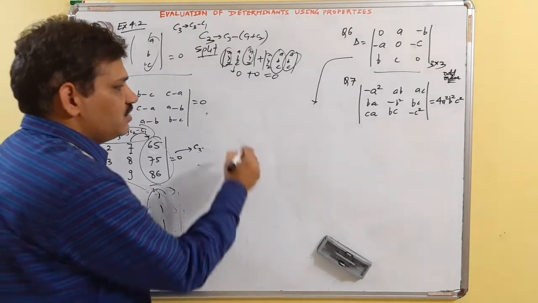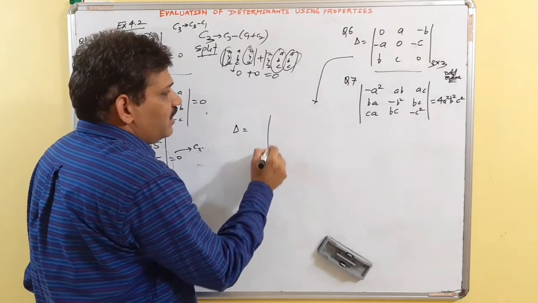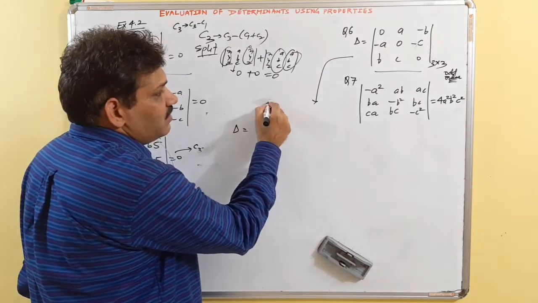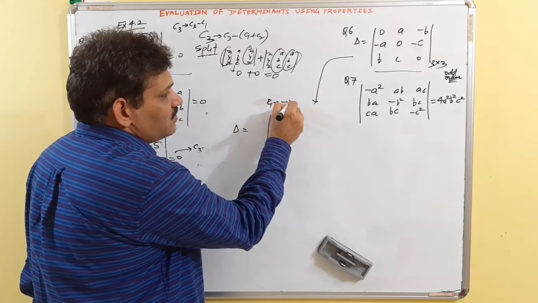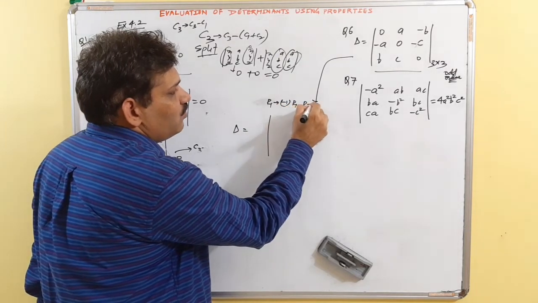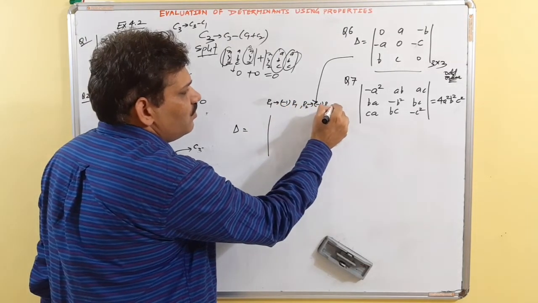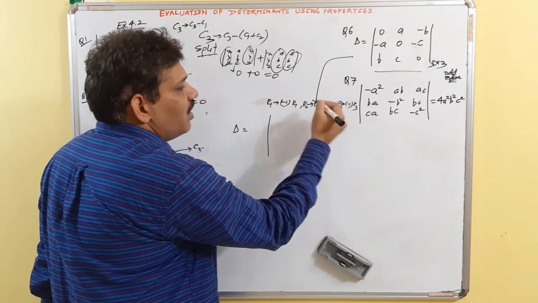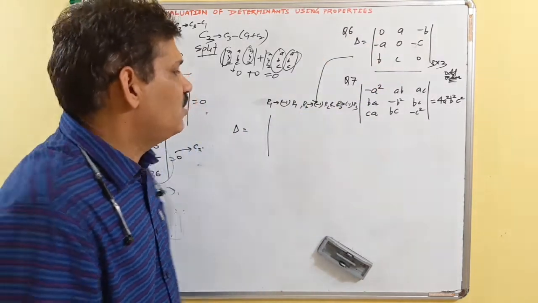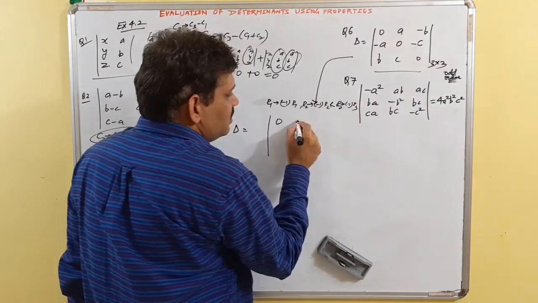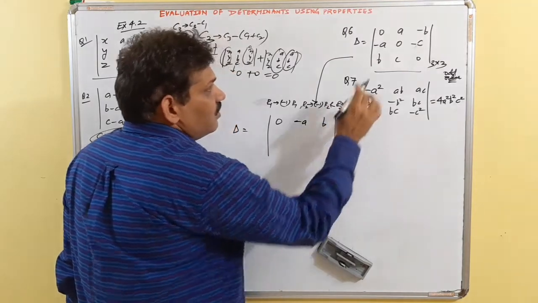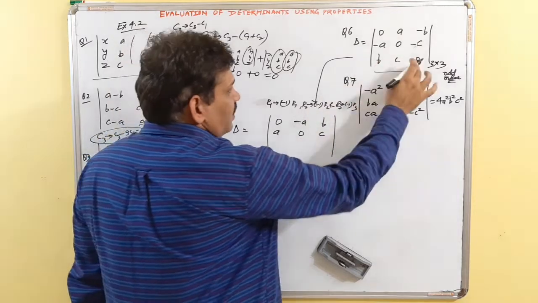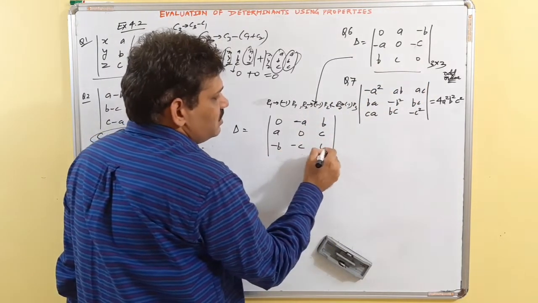How will we prove it? See, our delta is here. I say R1 becomes minus 1 times R1, R2 becomes minus 1 times R2, and R3 becomes minus 1 times R3. Taking the negative sign common from each row, what I get is 0, minus A, plus B; then plus A, 0, plus C; then minus B, minus C, 0.